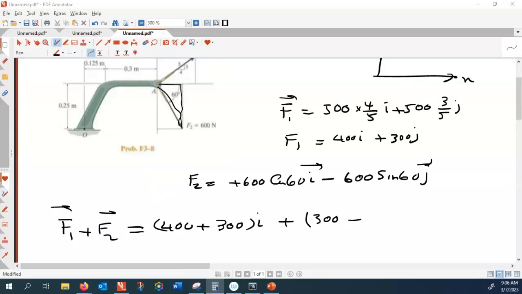So sine 60, that is 0.866 multiplied by 600, and then negative plus 300.